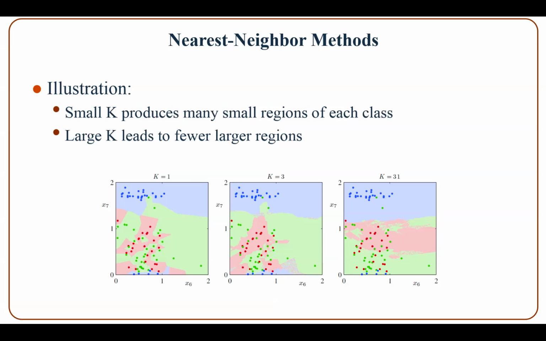The figure shows the two-dimensional views of the oil flow data, in which we have three classes. It can be seen that small values of k produce many small regions of each class, and large k leads to fewer larger regions.